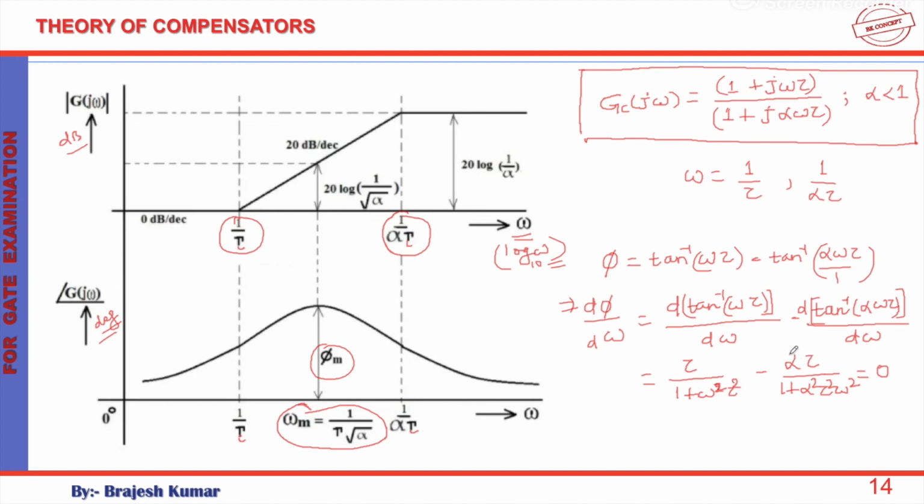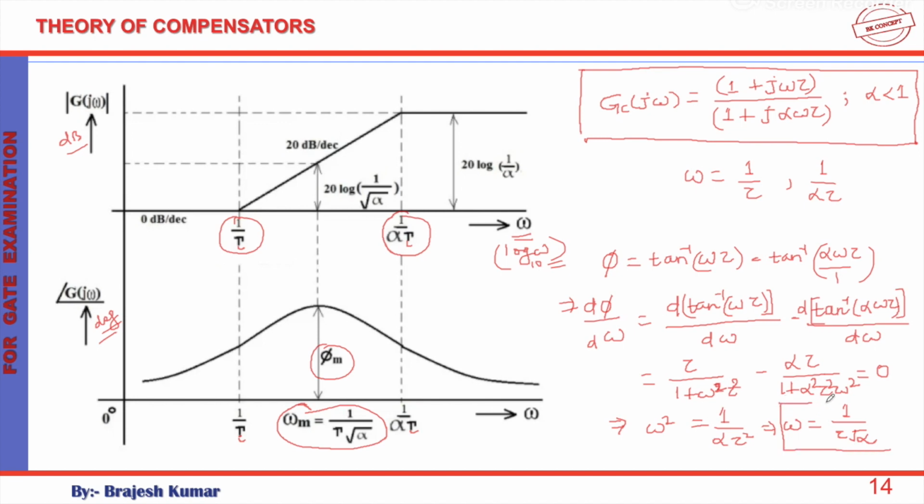So if you put that equal to 0, you will get omega square is equal to 1 divided by alpha tau square, and hence you will have omega that is given by 1 upon tau root alpha.